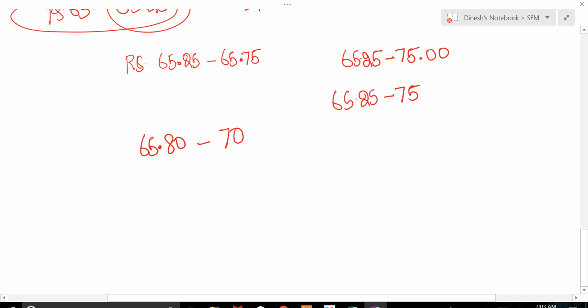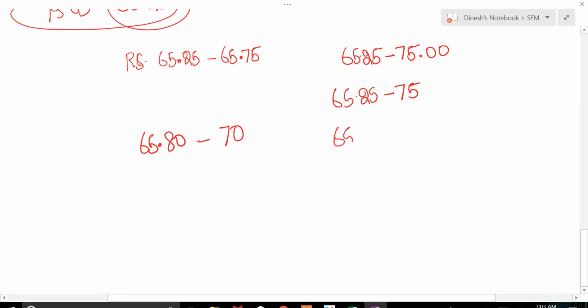It cannot be 65.80 hyphen 65.70, because in any case your offer rate can't be lower than your bid rate. So it will become 65.80 hyphen 70.00.